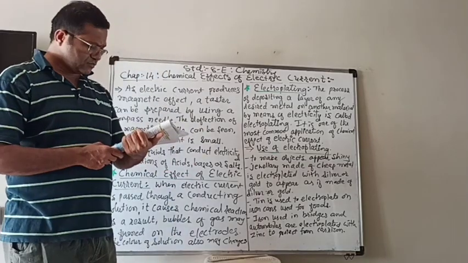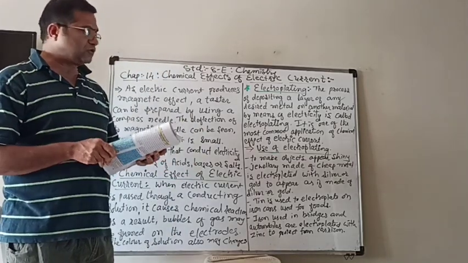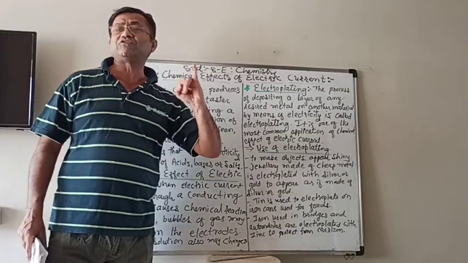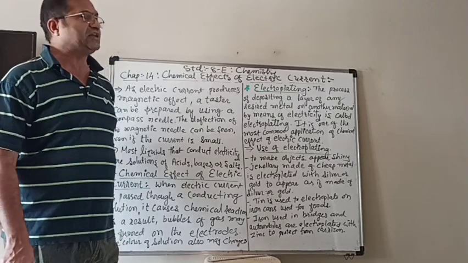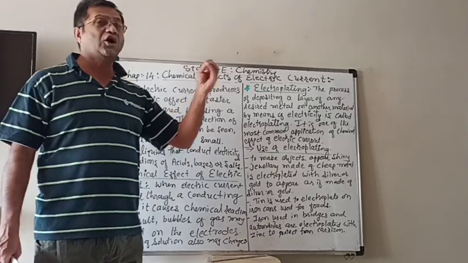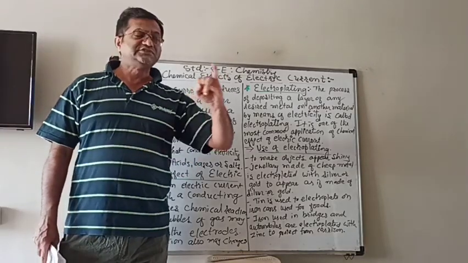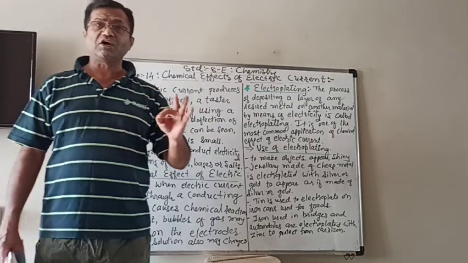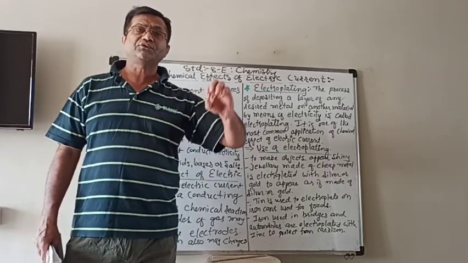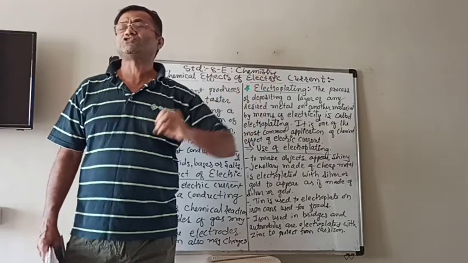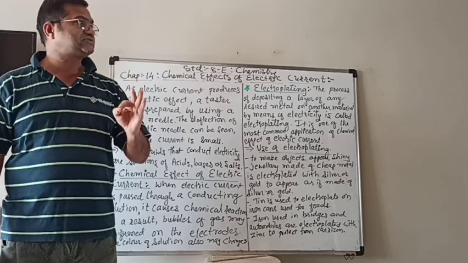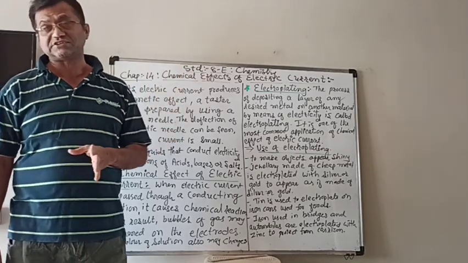Now we have to talk about liquids. We already talked about how liquids also can conduct electricity, but not all of them. Generally, distilled water is free of any dissolved salts, and therefore distilled water is a poor conductor of electricity.